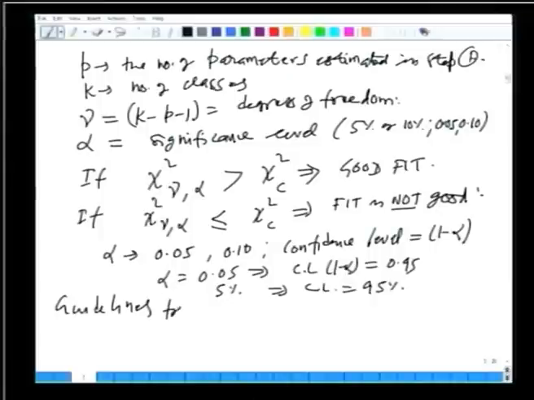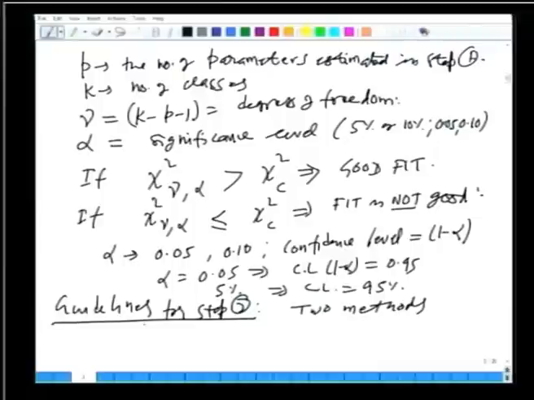for step 2, which is choosing the number of classes K. We will look at 2 methods. All right. Method A is for discrete distributions, okay, discrete PDFs, and method B is for continuous PDFs.